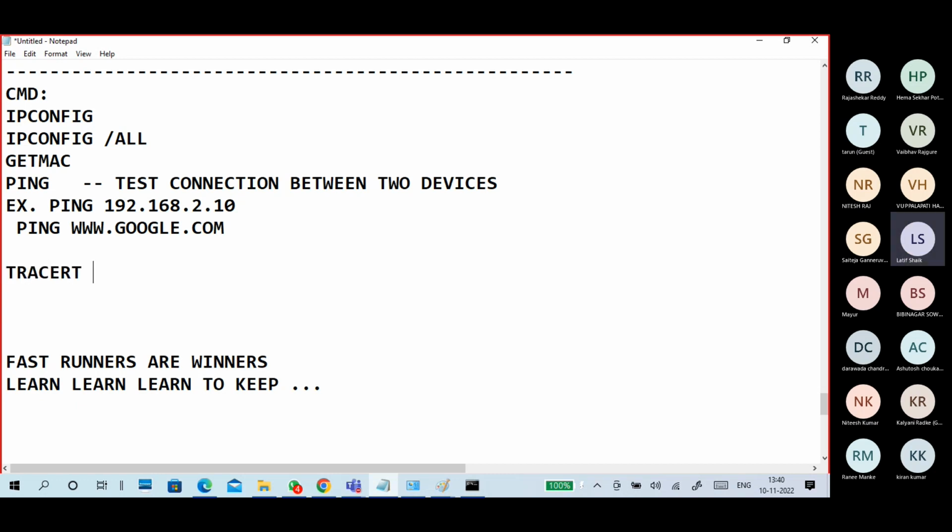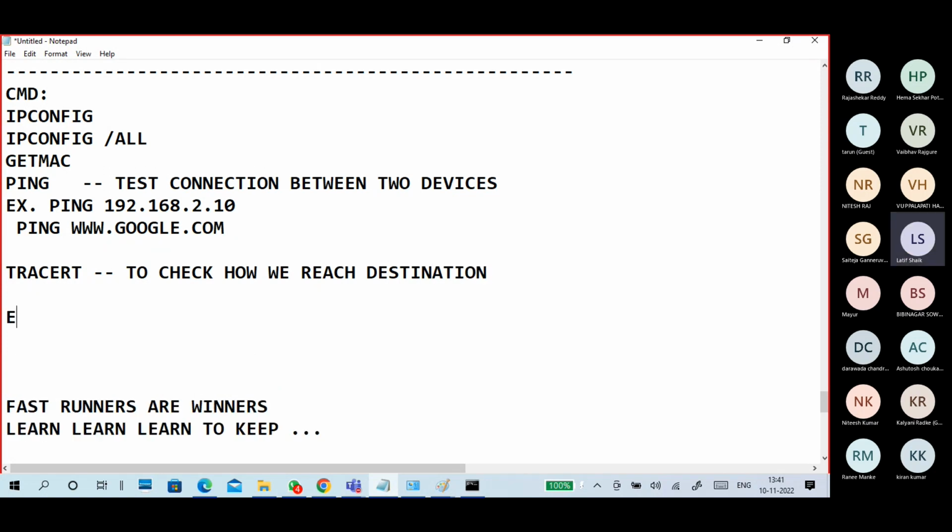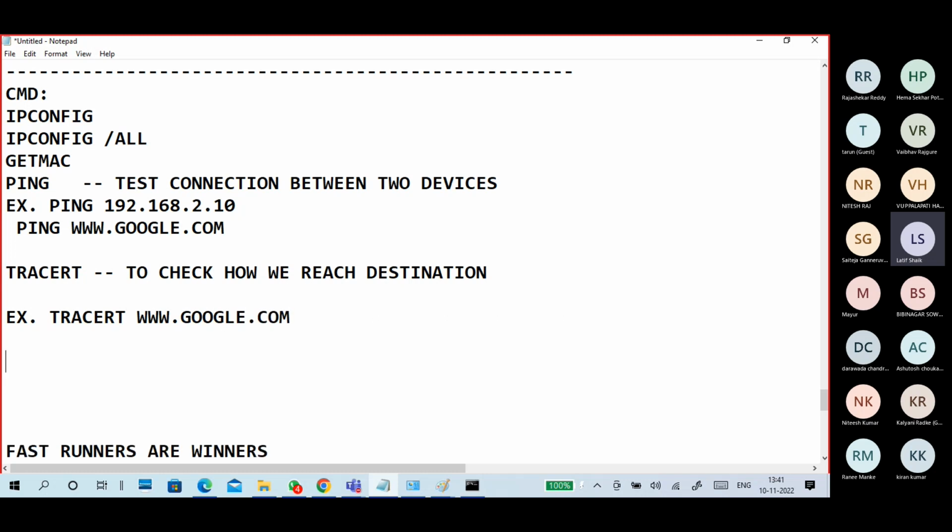Tracert, already I told. What is the use of tracert, guys? To check how we reach the destination. Example command: tracert www.google.com. Not only this, the arp -a command is there.